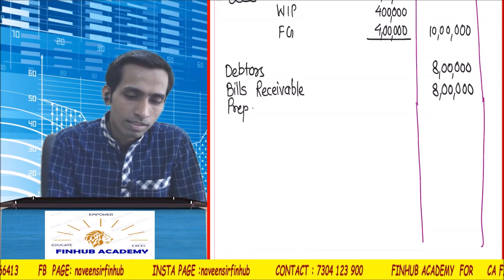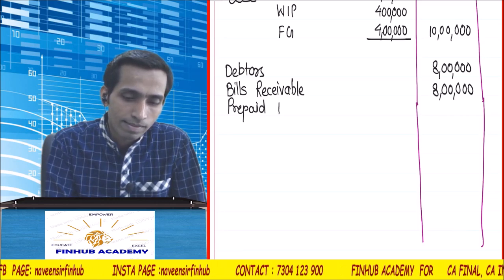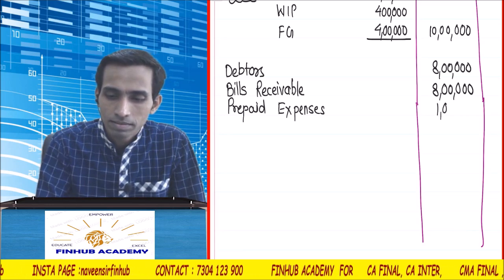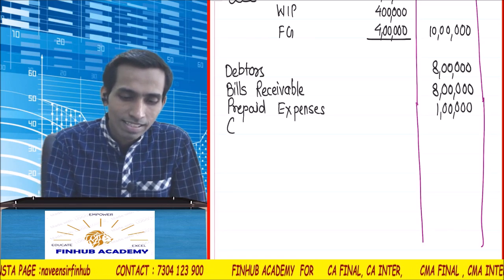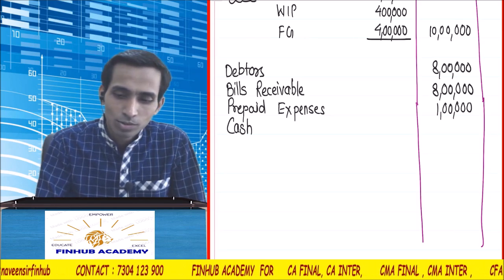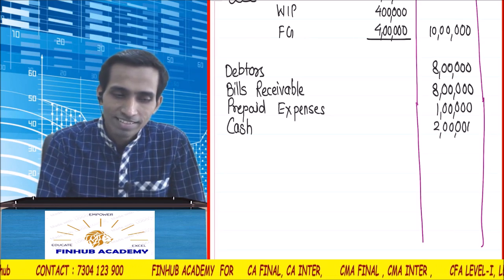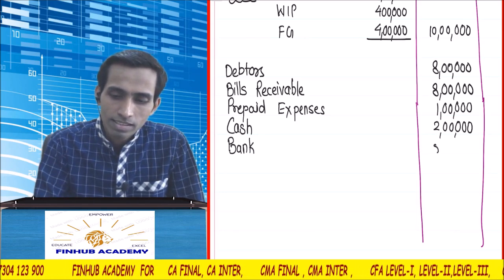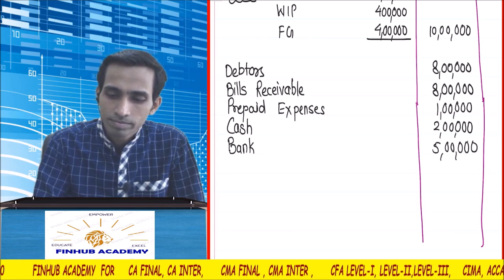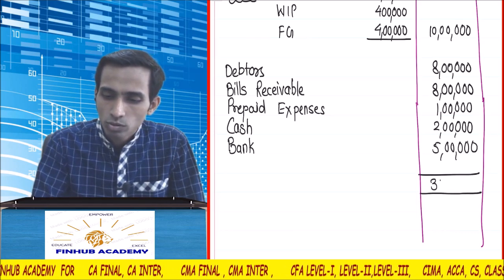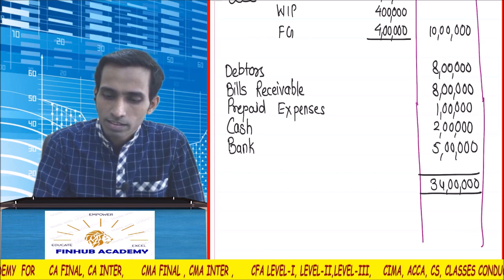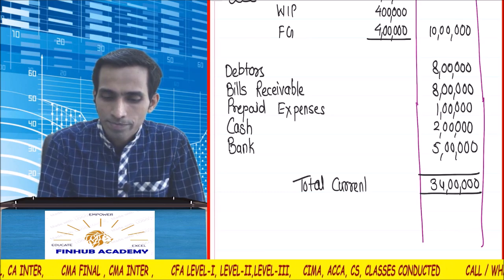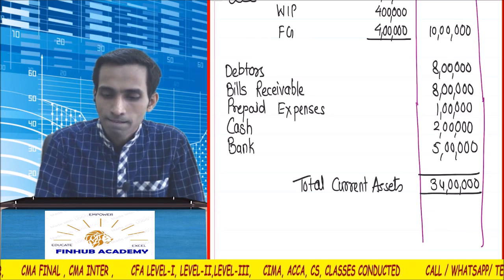Prepaid expense, 1 lakh. Cash, 2 lakhs. Bank, 5 lakhs. Please give me the total. 34 lakhs. Genius. Current asset, it's A.